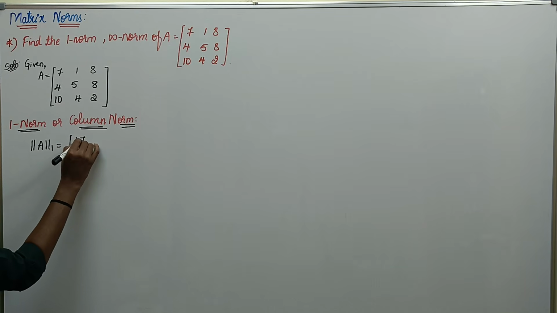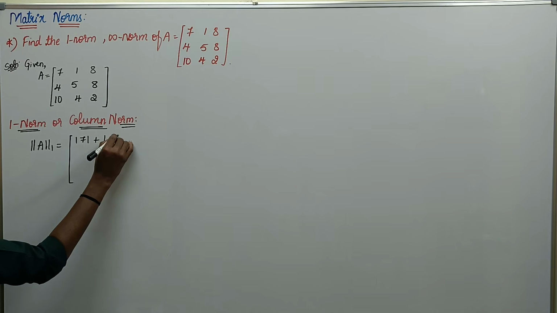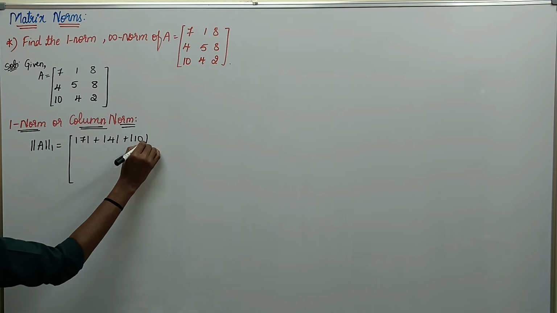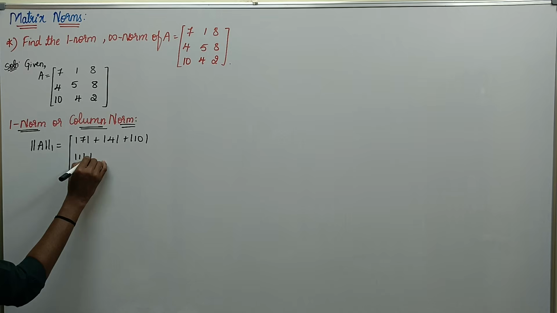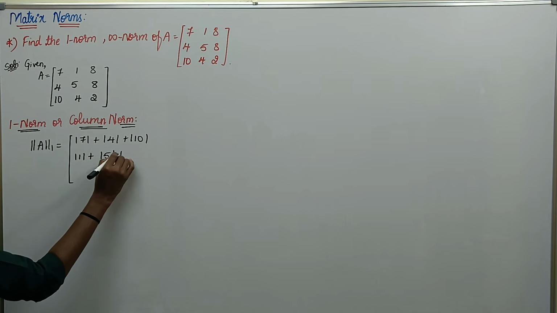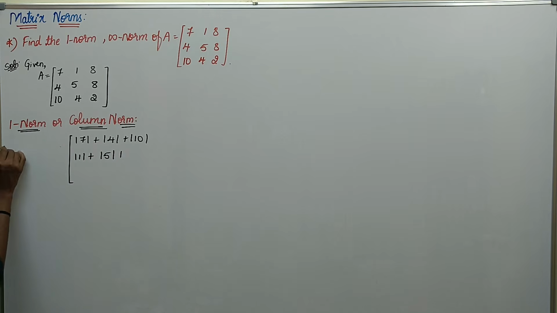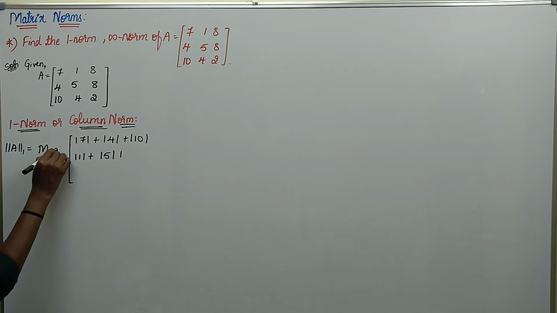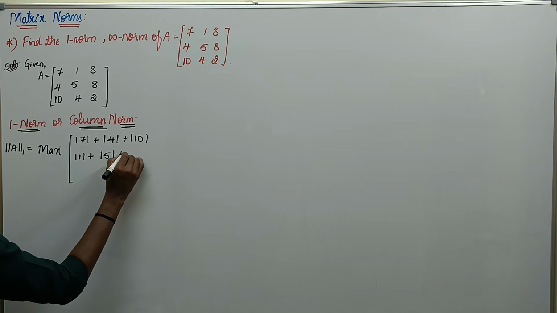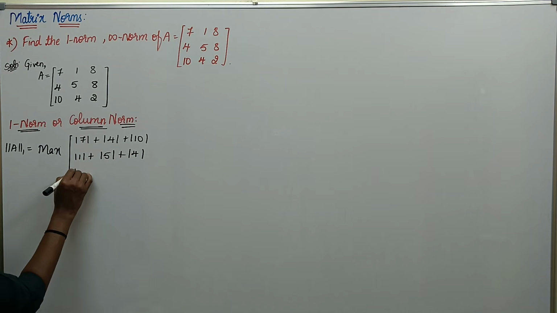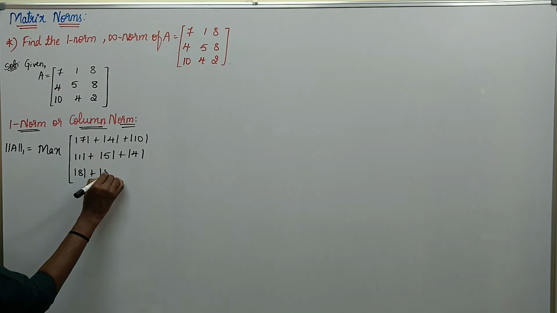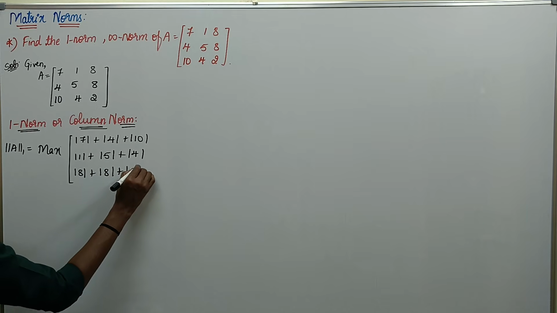That is modulus 7 plus modulus 4 plus modulus 10. Next we have modulus 1, modulus 5, plus modulus 4. Next modulus 8, modulus 8, modulus 2. You represent maximum of the matrix.